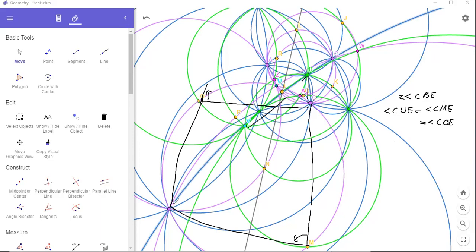So here we have U, and we have that same angle. So that automatically means that this is cyclic. So that means U lies on the purple circle as well. So that shows the first bit we were trying to prove.